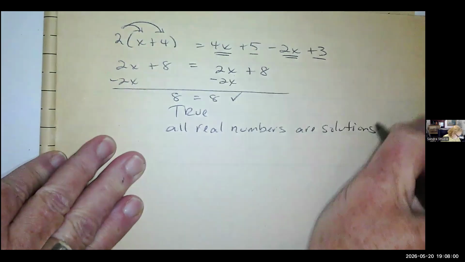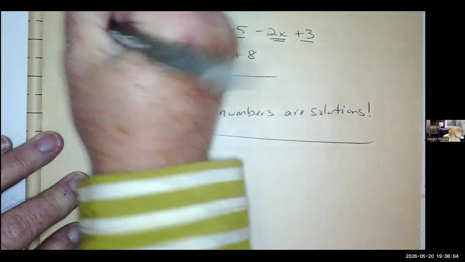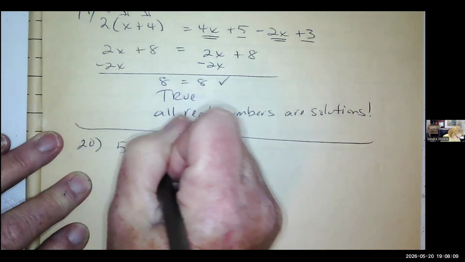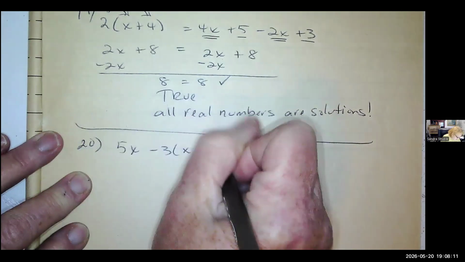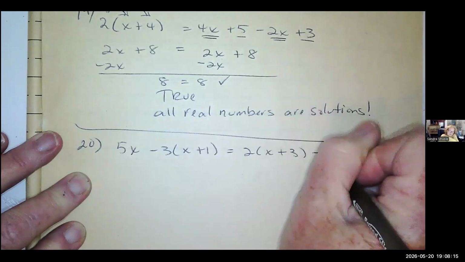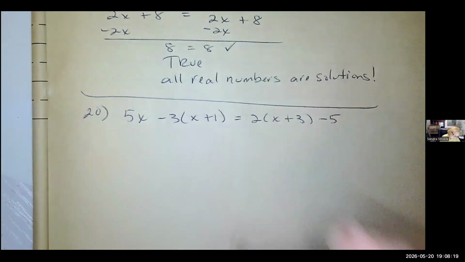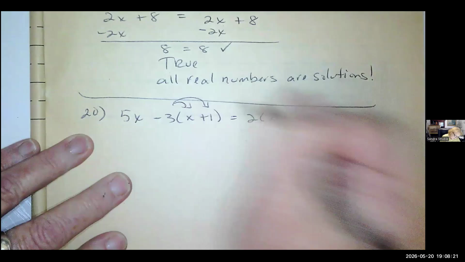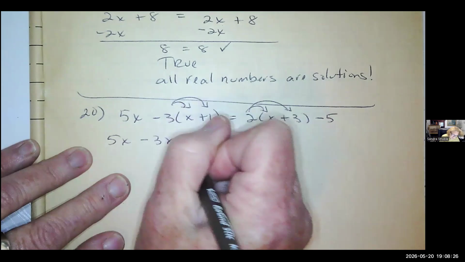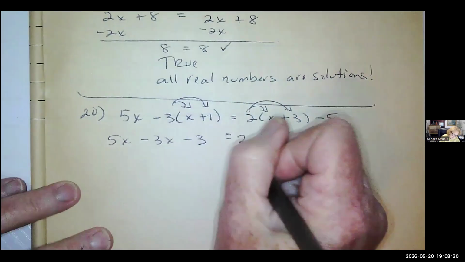All right, that was 19. 20 is 5x minus 3 times (x plus 1), 2x plus 3 minus 5. Right. I'm going to distribute. So 5x minus 3x minus 3 is equal to 2x plus 6 minus 5.